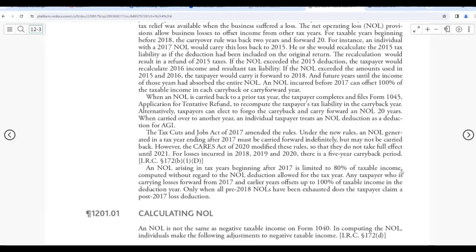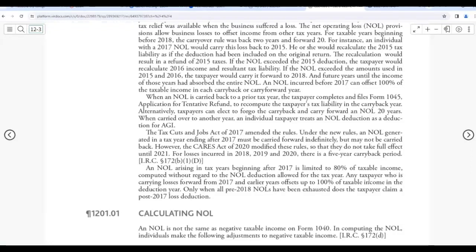What is 80% of $10,000? $8,000. But how much do you have in this example? 18,200. So you can write it off up to $8,000. The $10,200 you carry forward again. Keep doing that till you get rid of that net operating loss sometime in the future. Make sense?